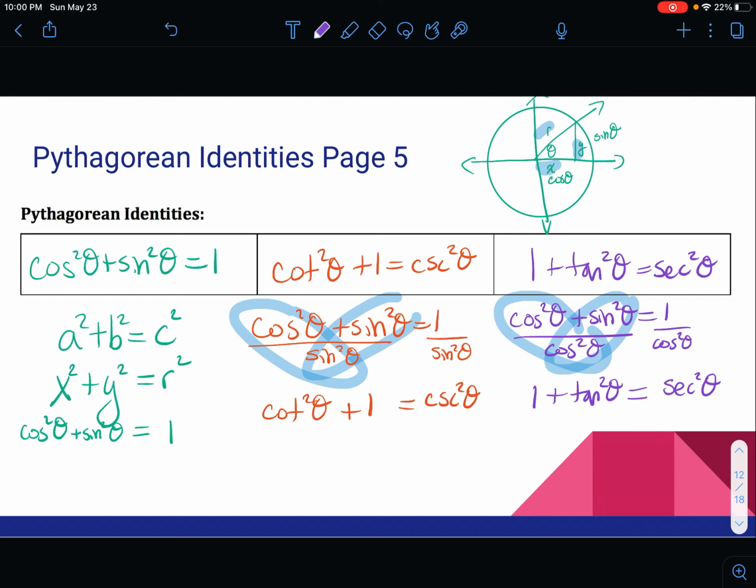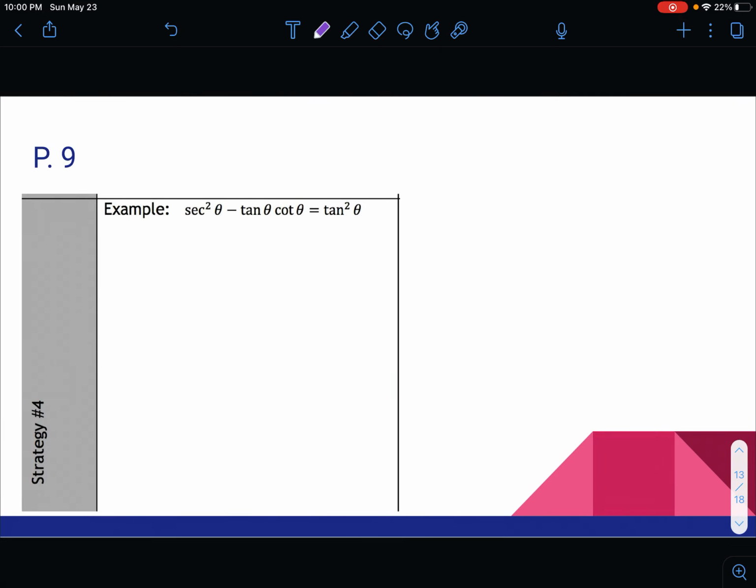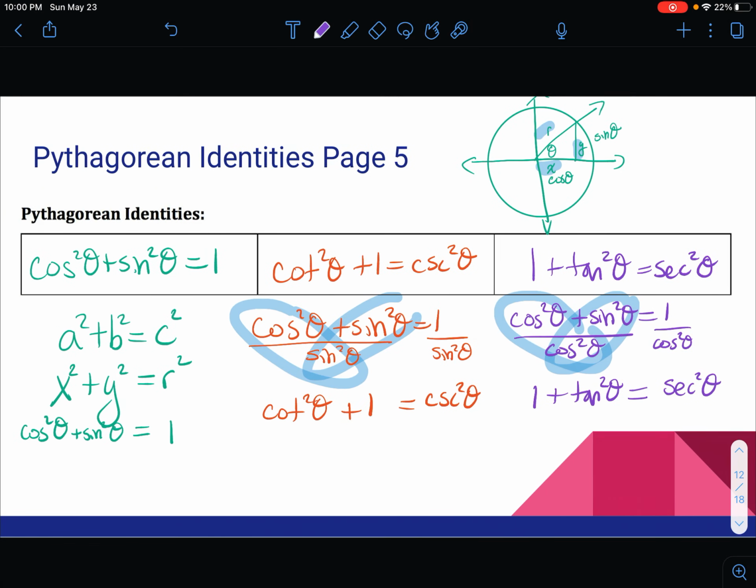Okay, so we're going to use the Pythagorean identity in some of these proofs. This first one has secant squared theta minus tan theta cotangent theta has to be equal to tangent squared theta. So let's see what we can do here. In the end we want this tangent squared, and I do see that I have a secant squared theta. Looking back here, what does secant squared theta equal? It equals 1 plus tangent squared theta.